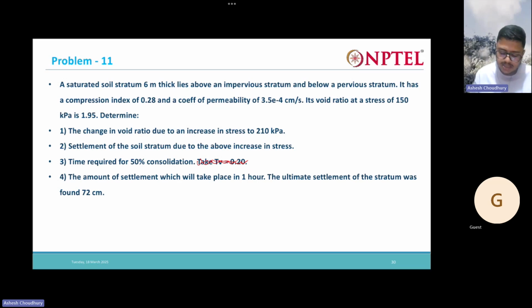The saturated soil stratum lies above an impervious stratum, so this is impermeable and this is pervious. So drainage can happen only one way. Okay, so single drainage is there. It has a compression index of 0.28 and a coefficient of permeability of this much, and a void ratio at a stress of this much. Okay.